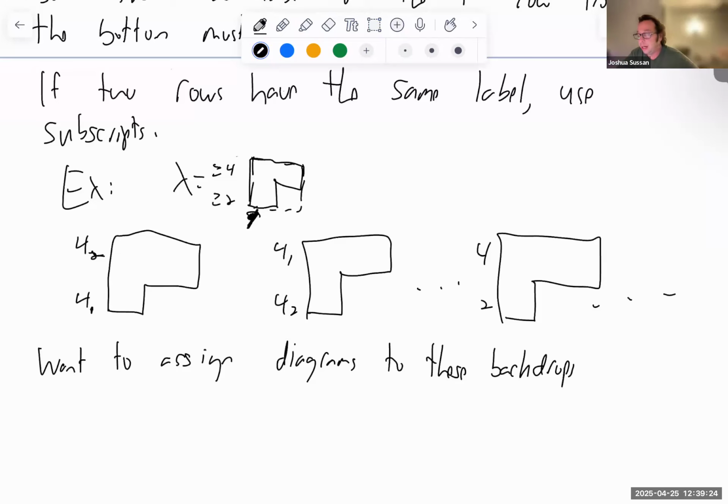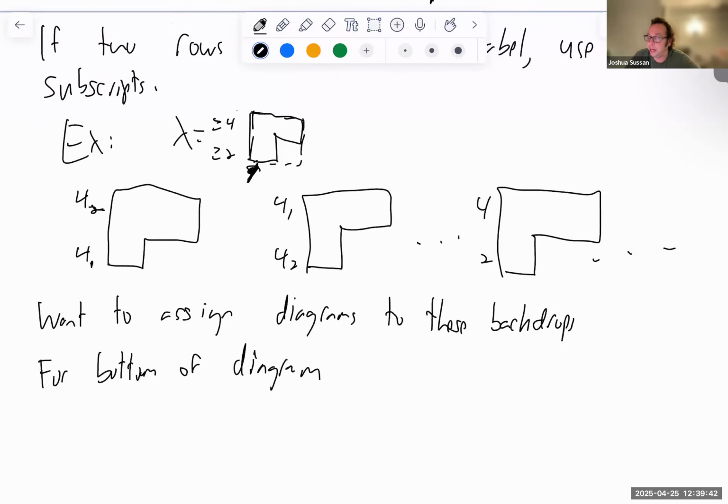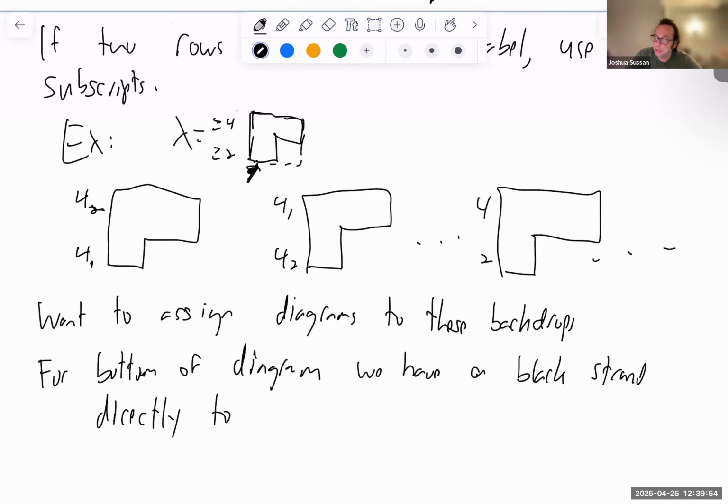Okay, so we want to assign diagrams to these backdrops. After I write these words, I'll do the examples above. For the bottom of a diagram, we have a black strand directly to the right of the red strand.